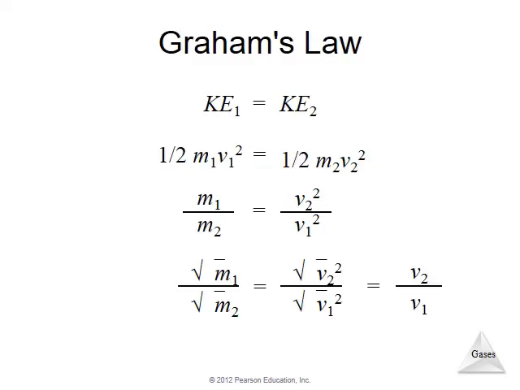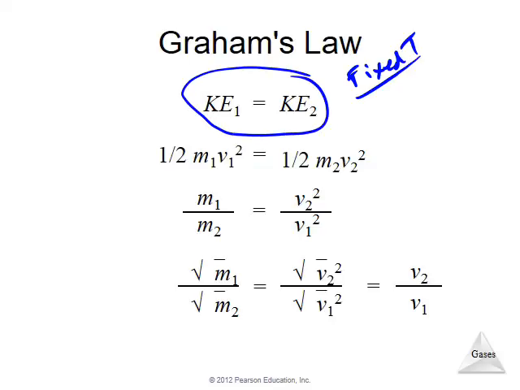In this slide, you're looking at Graham's law of effusion. It's easy to derive based on just the kinetic energy expression. Let's assume that temperature is fixed. At fixed temperature, average kinetic energy would be the same for two gas molecules. Let's assume gas molecule 1 has mass m1 and velocity v1, and the second gas molecule has mass m2 and velocity v2.